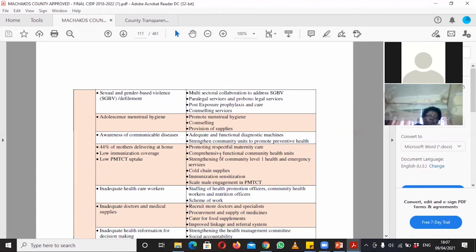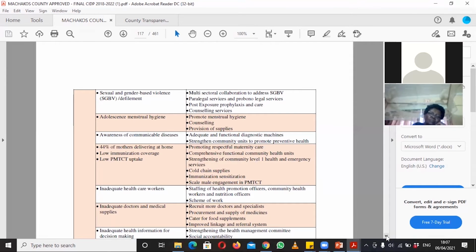So you find here that the strategy they want to use is promoting respectful maternity care, comprehensive functional community health units, strengthening of community level 1 health and emergency services, cold chain supplies, immunization, sensitization, and scale male engagement in PMTCT.